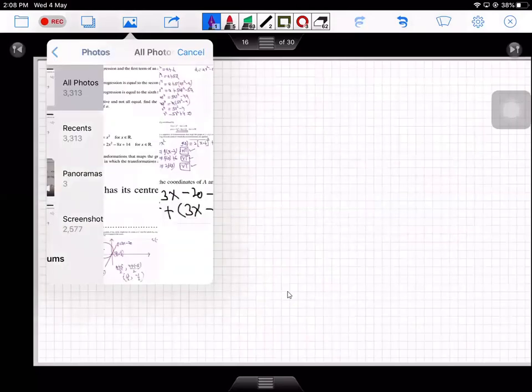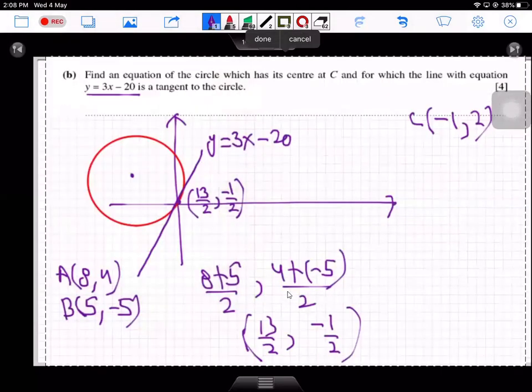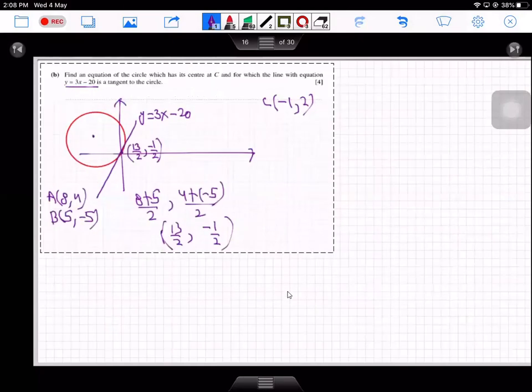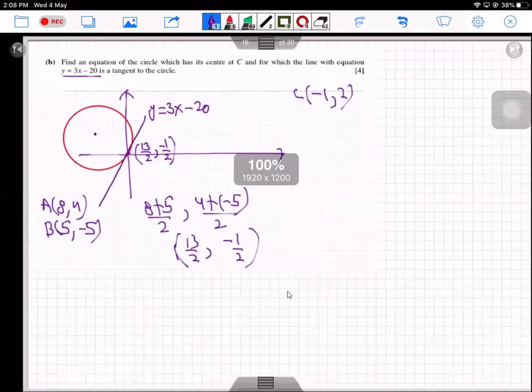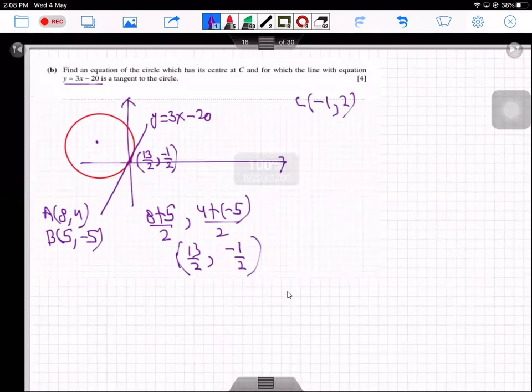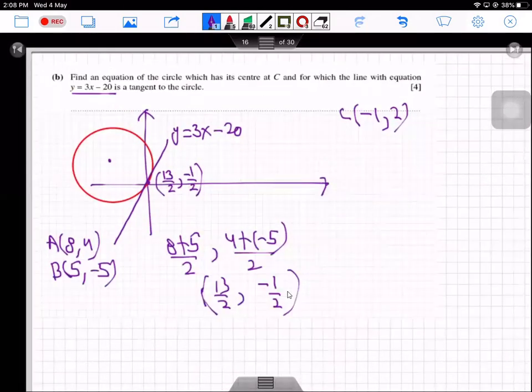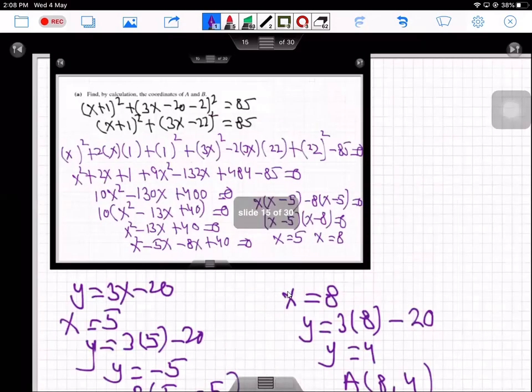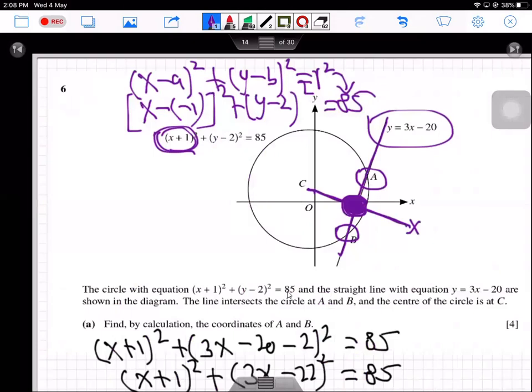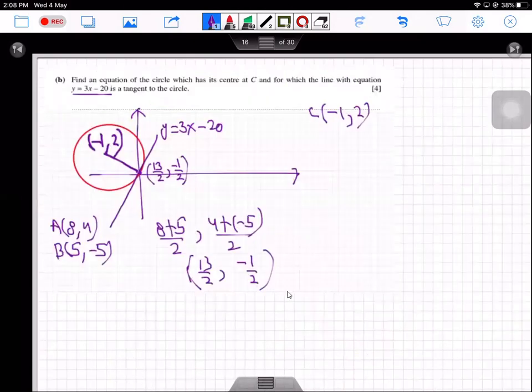As I know the center of the circle, which is -1, 2, and since I know only that the radius would be affected, and since we already know that the radius would be reduced, it would not be under root of 85. It would be less than that.